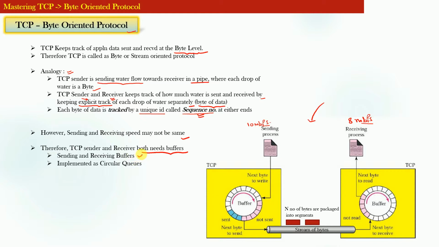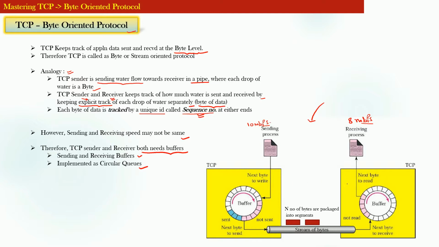Therefore, each side will have a sending buffer as well as a receiving buffer. And note that each of these buffers is implemented as a circular queue. In this diagram, for simplicity, I have shown only the sending buffer on this side as well as the receiving buffer on the other side.